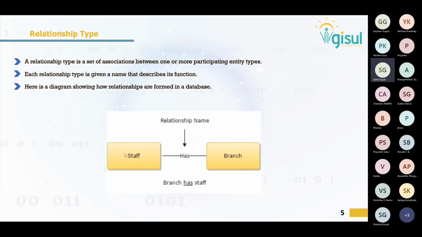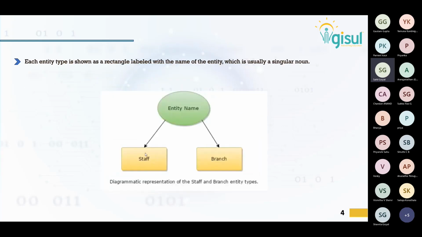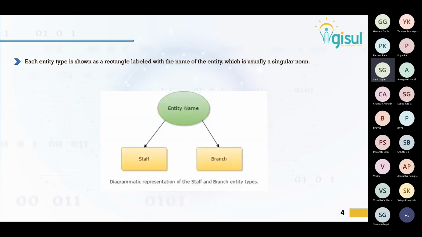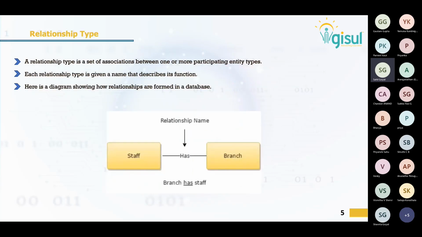So we are going to read it like this: branch has a staff. When we have to describe the direction of the relation also, that is described by the type of relationship we choose. So each branch has a staff. Similarly, each employee has a department. Okay. That is why relationship types are also important when we are talking about the ER diagram.